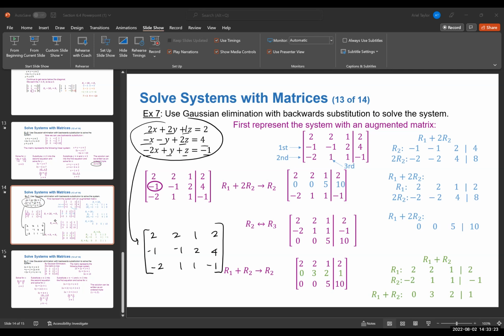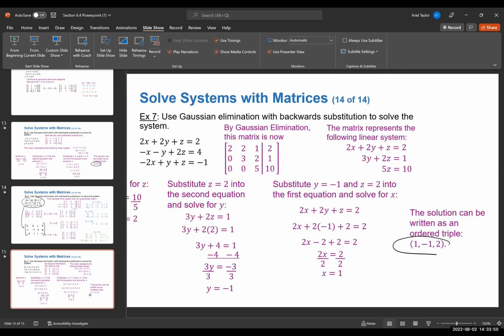I'm going to come in system clear. 2, 2, 1, 2. -1, -1, 2, 4. -2, 1, 1, -1. And the answer is 1, -1, 2. Just like what we see.